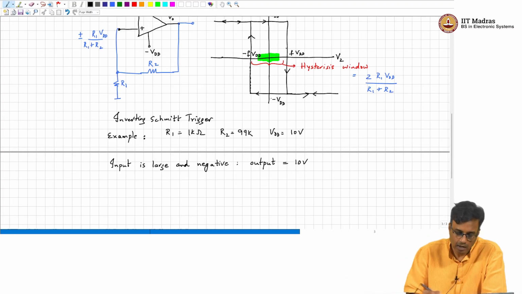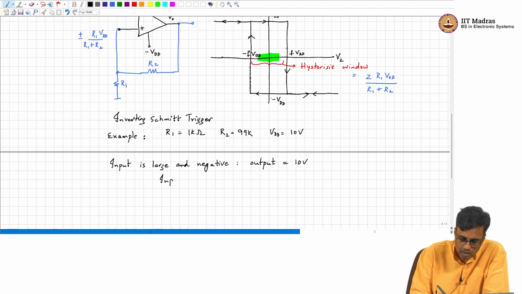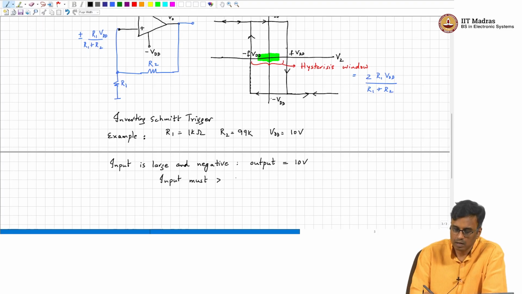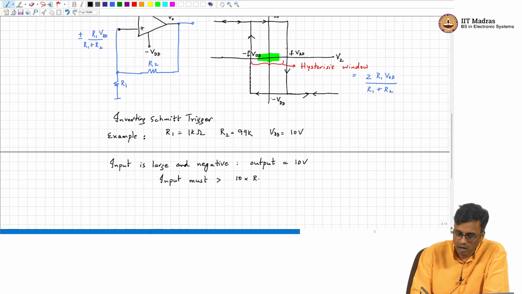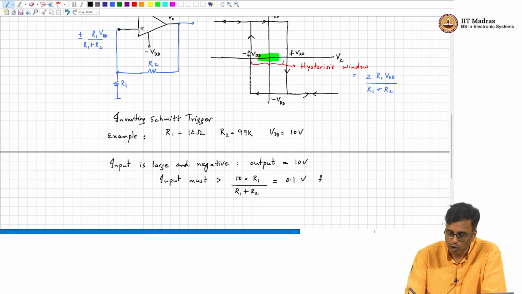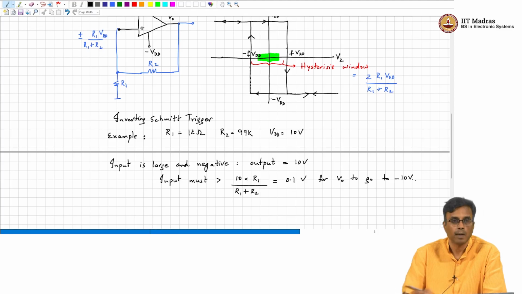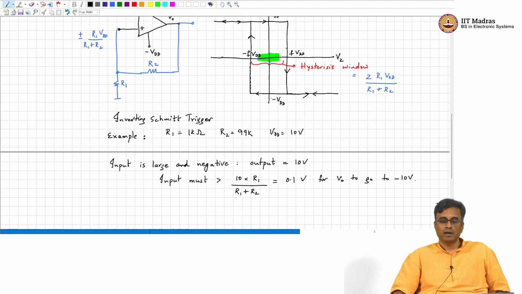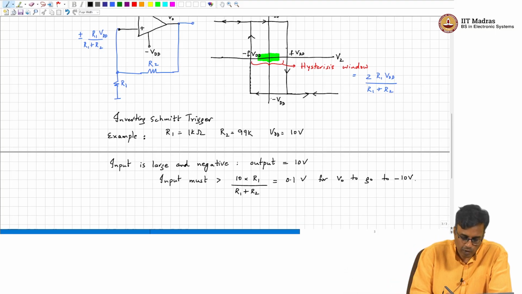Yeah, basically the input must be greater than 10 times R1 by R1 plus R2, which is 0.1 volts, for the output to go to minus 10. Correct?